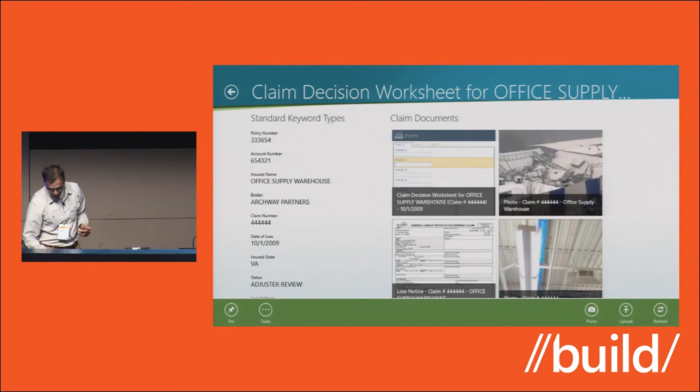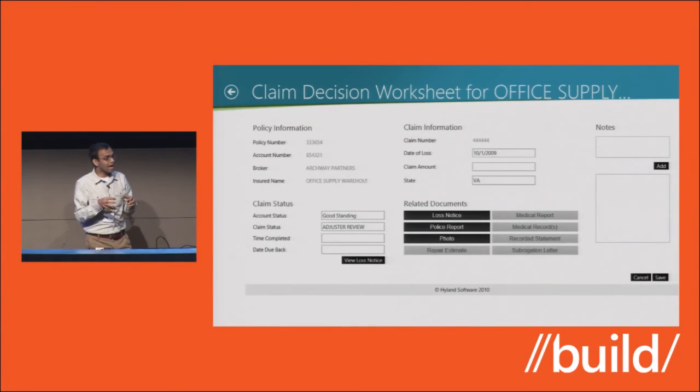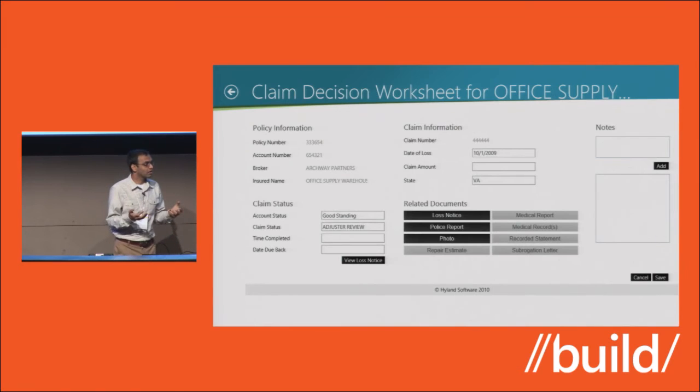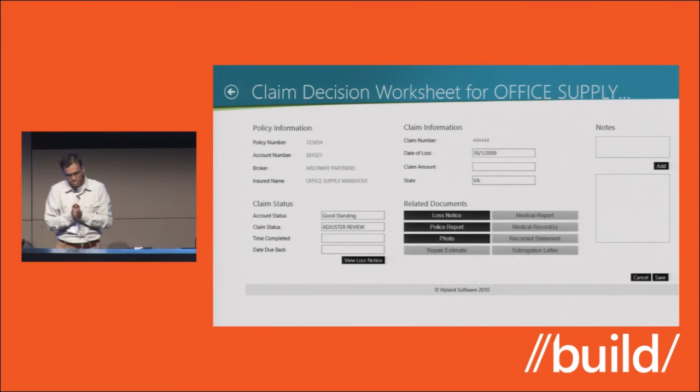And finally, we talked about input of data, right? One of the gentlemen asked me the question, how can I input data? And in the case of line of business apps, it's a lot about form filling. This is not a huge form. It's a medium-sized one.